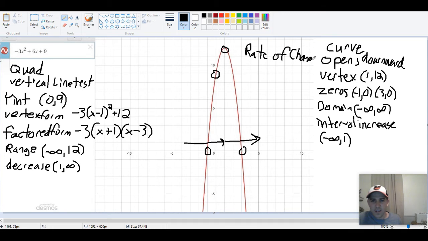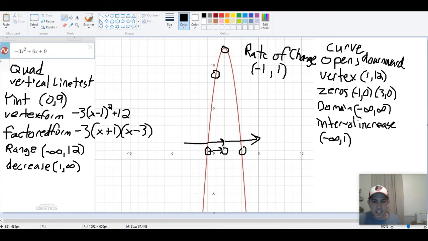Alright, in order to calculate rate of change, I need 2 points. I'm going to choose this zero here and the vertex. So let's see. What does this thing change over the interval of -1 until +1? That interval from here to here.